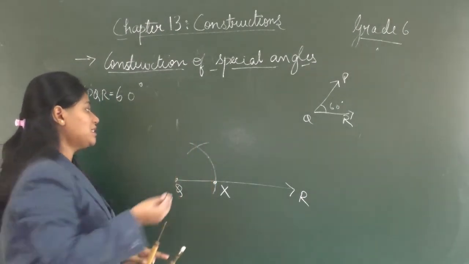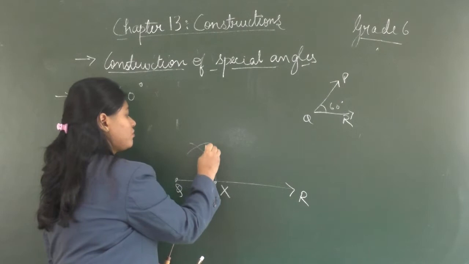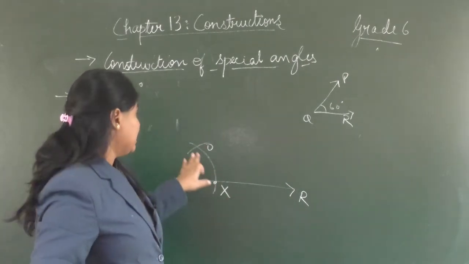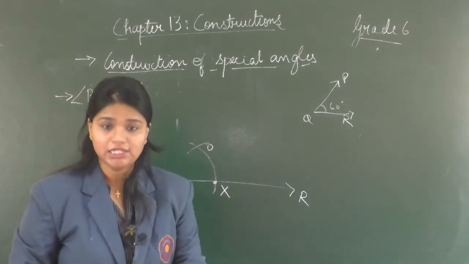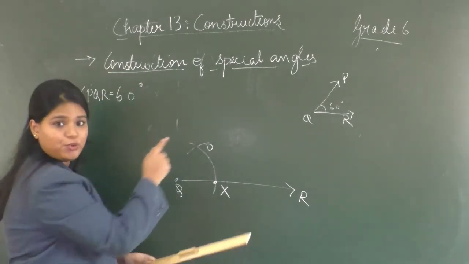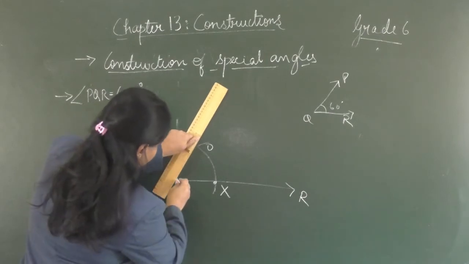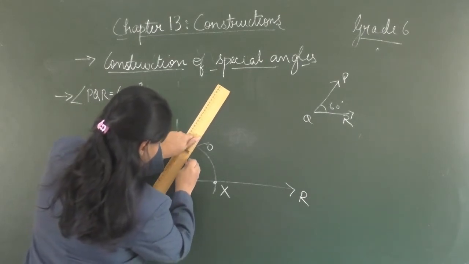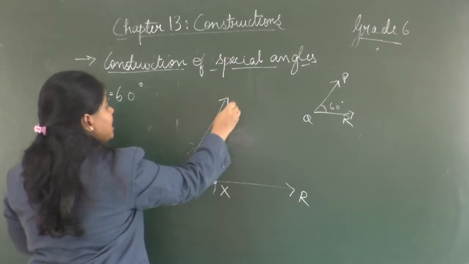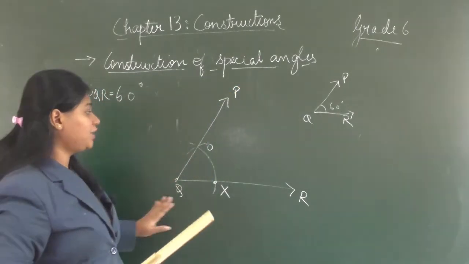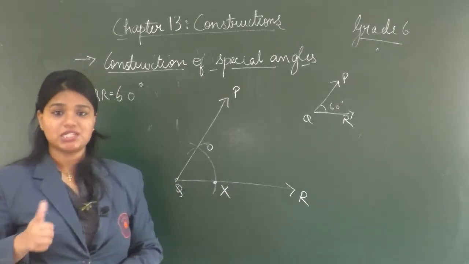Now I am naming this as O. Okay. Now you will join Q and O and you can extend it. And you can name this as P. So we have got the angle PQR equals 60 degrees.